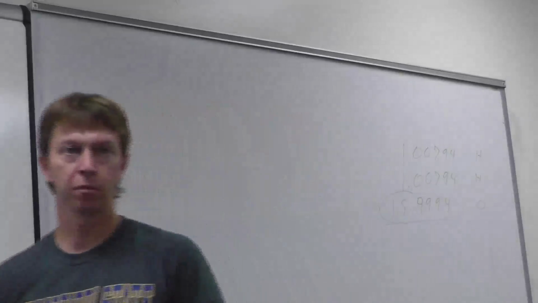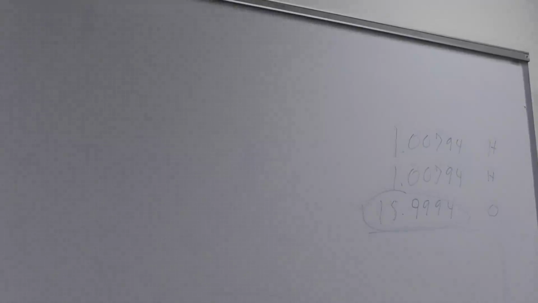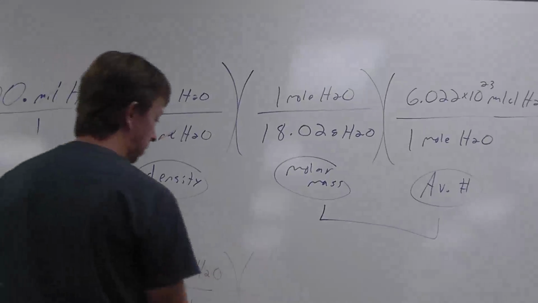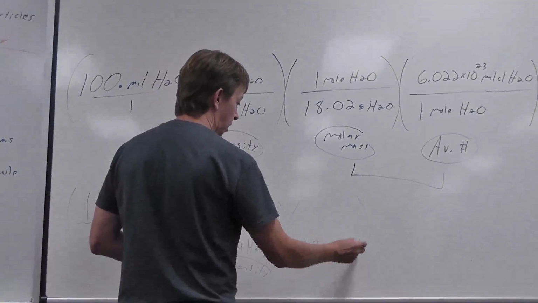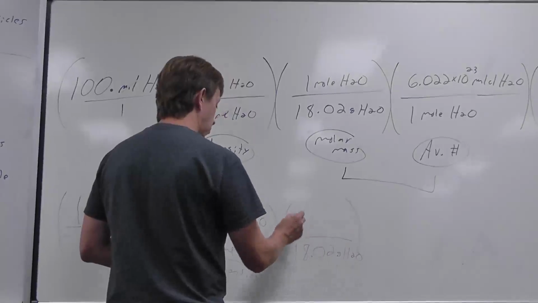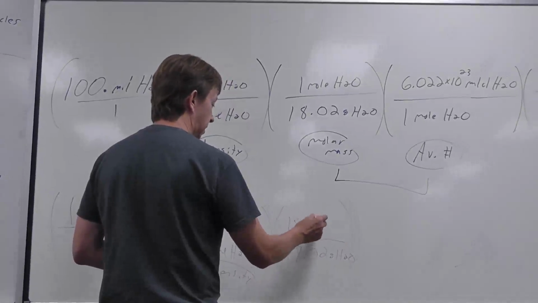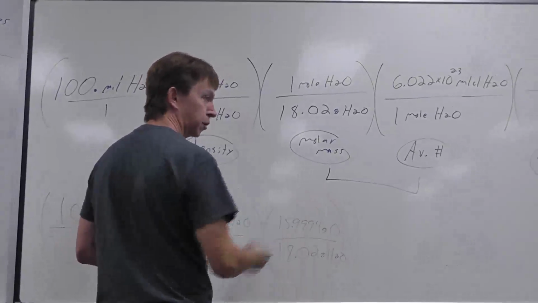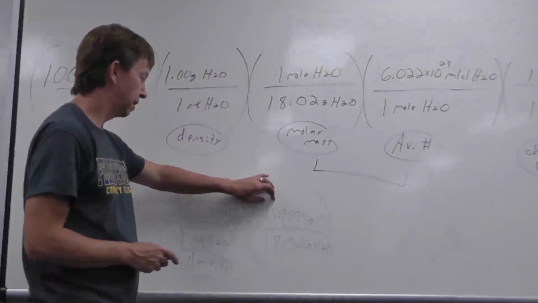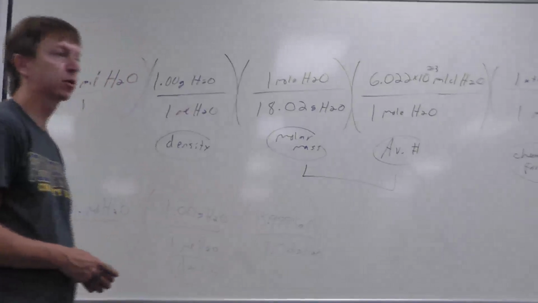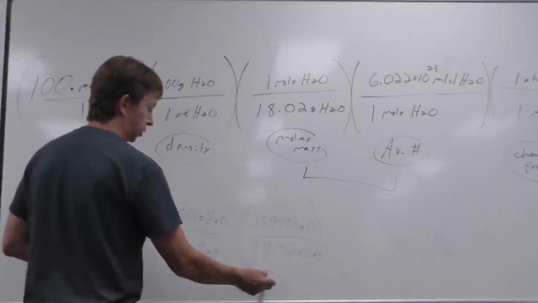And 15.9994 of that 18.02 was oxygen, correct? So 100 milliliters of water, each milliliter weighing 1 gram, and 18.02 grams of water would contain 15.9994 grams oxygen. 15.9994 of that 18 is oxygen mass, correct? This is your percent composition.